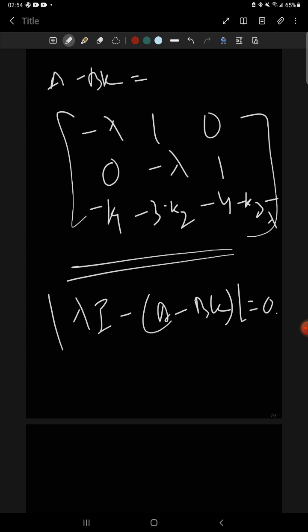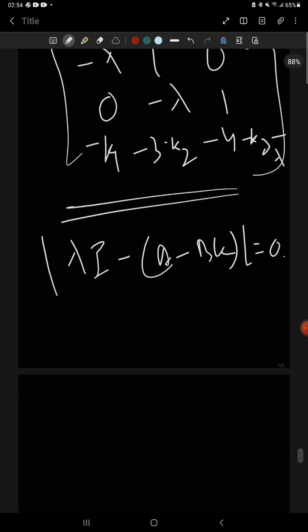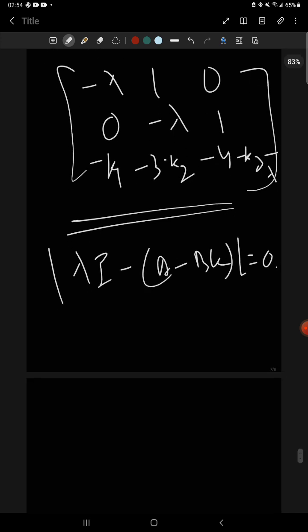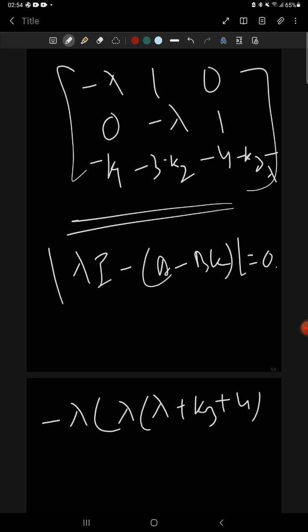Okay, so the characteristic equation, if I try to find, this will be minus lambda into (lambda plus K3 plus 4) plus (3 plus K2) minus 1 into, this will just be minus K1, right?